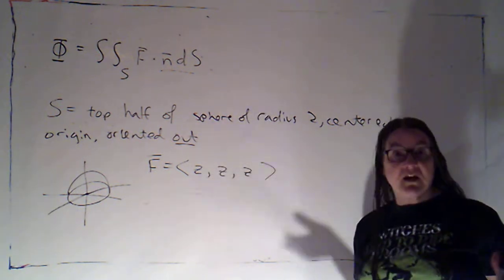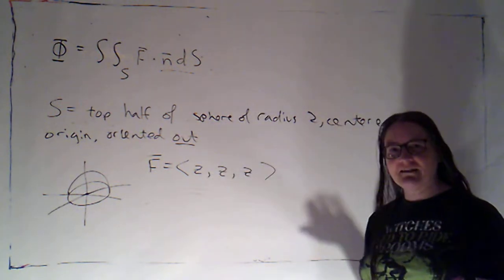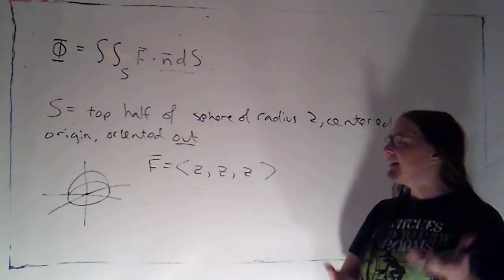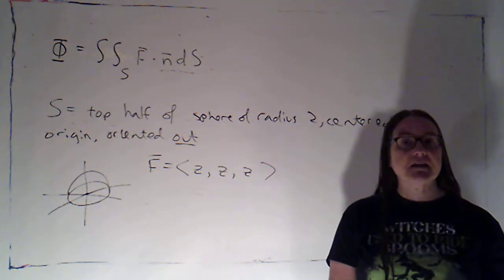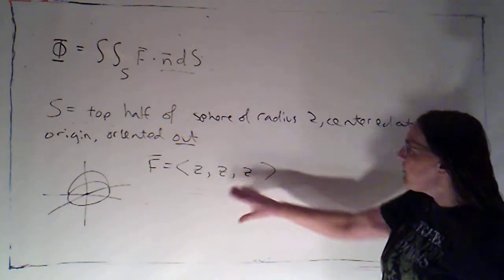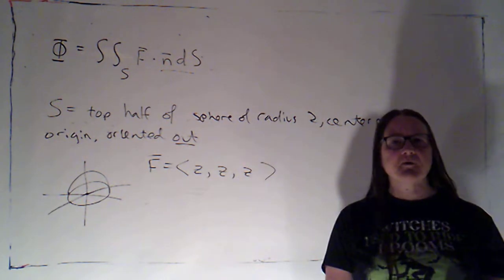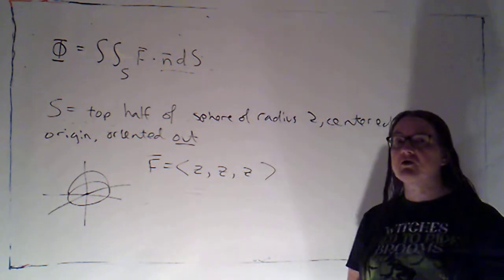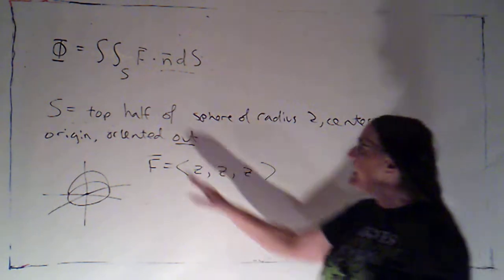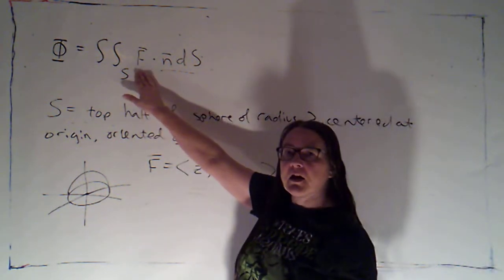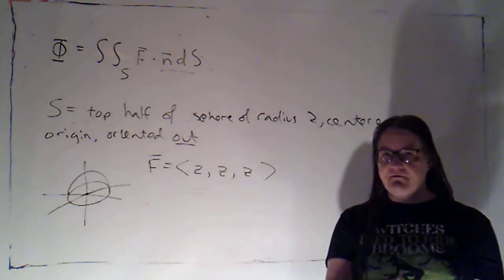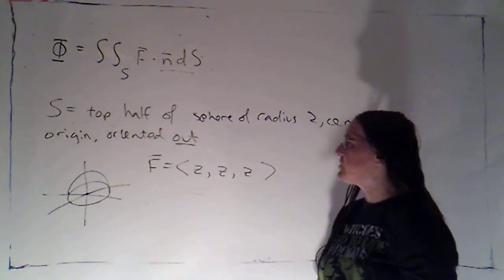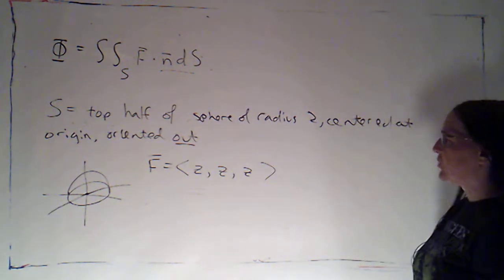This could be the result of scaling a velocity field by the density function, in which case the flux would represent the mass per unit of time. Okay, I want to just get a couple of flux integrals under our belt, and then we'll return to the notion of what does flux actually mean if the vector field that I'm working with isn't a velocity field or a velocity field scaled by the density function. Okay, but let's just practice working with this.